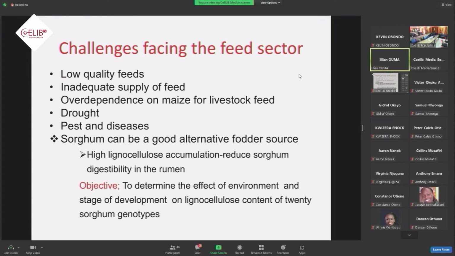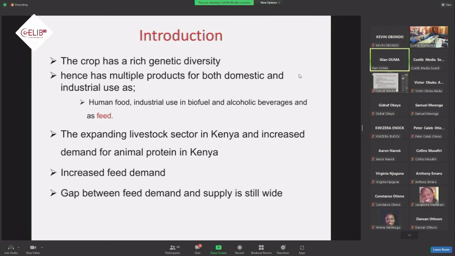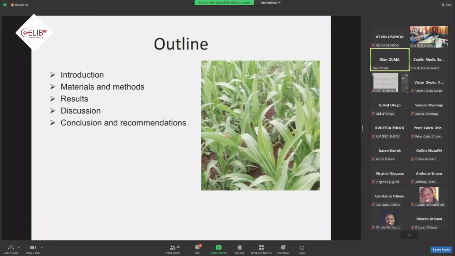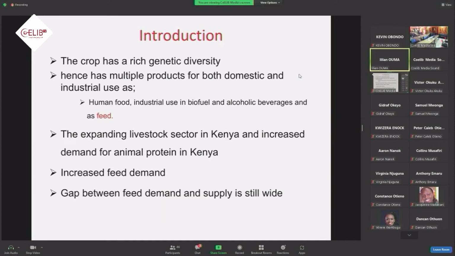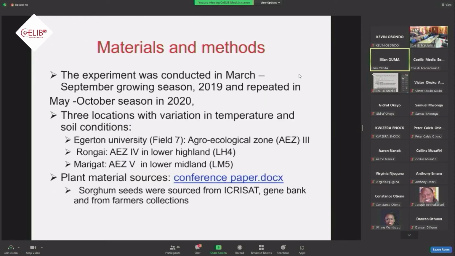The sorghum genotypes were evaluated in a field experiment in an RCBD design with 3 blocks and 20 treatments, which were the 20 genotypes. Then in 2020, 10 sorghum genotypes, selected subjectively from the 2019 experiment, were planted in a separate experiment to aid in measurement of plant growth parameters. Growth parameters measured were plant height, days to 50% heading, and average booting temperature.